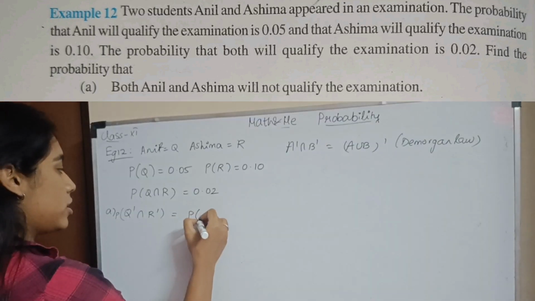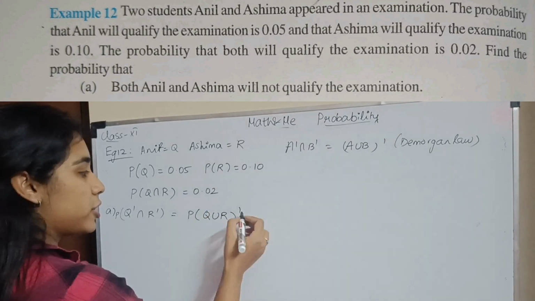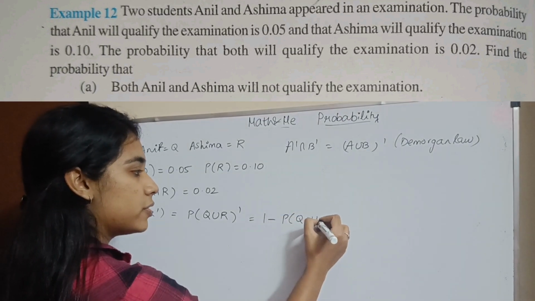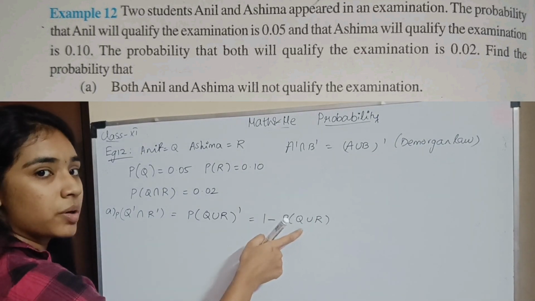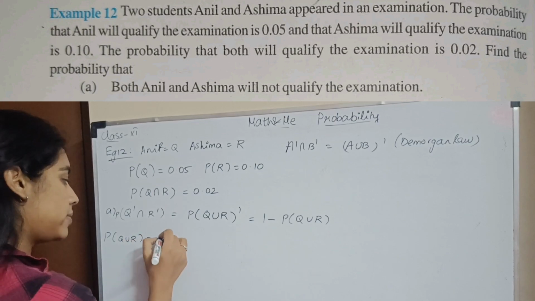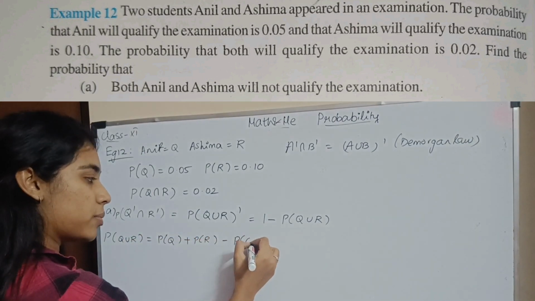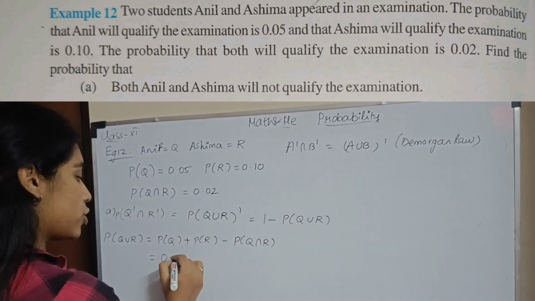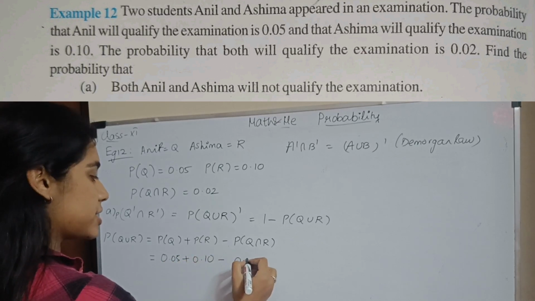So, the probability will be Q union R the whole dash, which is 1 minus the probability of Q union R. First we need to find this, and then subtract it from 1. Don't forget this step. The probability of Q union R is the probability of Q plus the probability of R minus the probability of Q intersection R. That is 0.05 plus 0.10 minus 0.02.